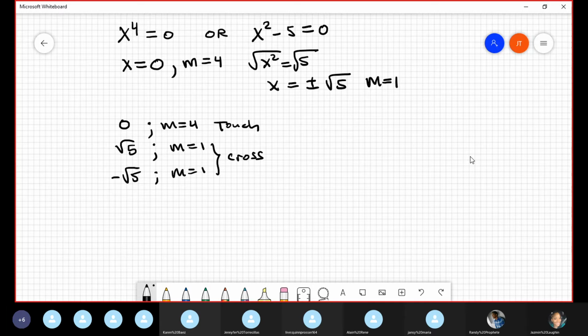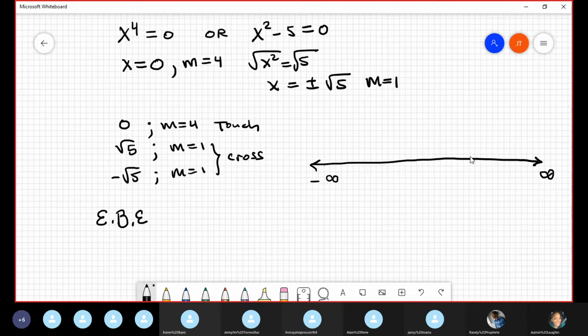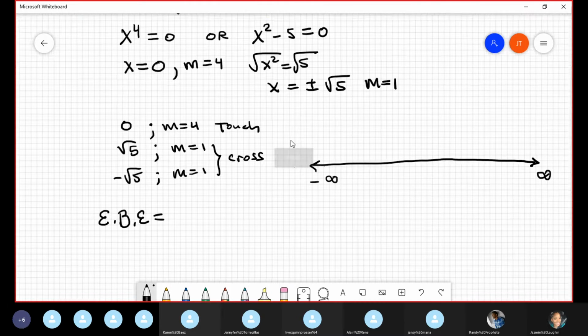Okay, one more interesting thing. Let me try to do the sketch, roughly sketch, about the graphic of this polynomial. Suppose the end behavior expression is, I come back at the beginning.